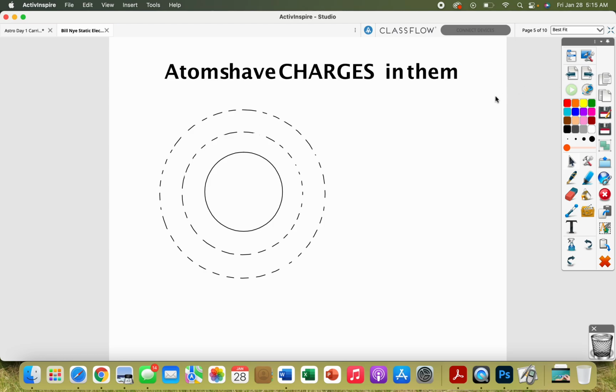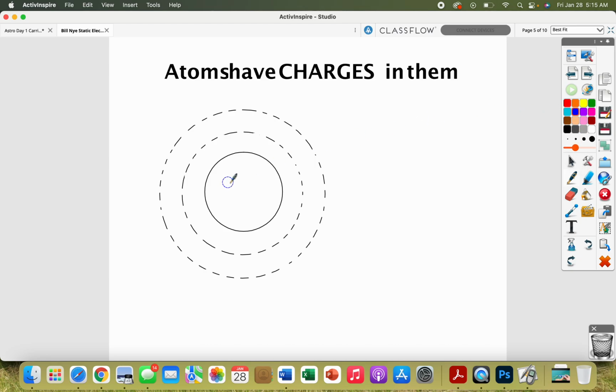Now, we want to have some notes as well, and it's important. We talked about this on Tuesday, if you'll recall, that atoms are composed of charged particles. You probably remember we have particles in the nucleus, in the center of the atom.